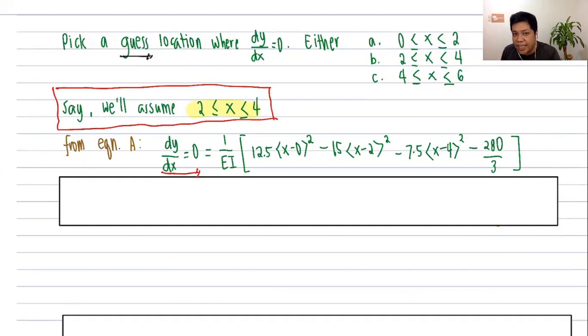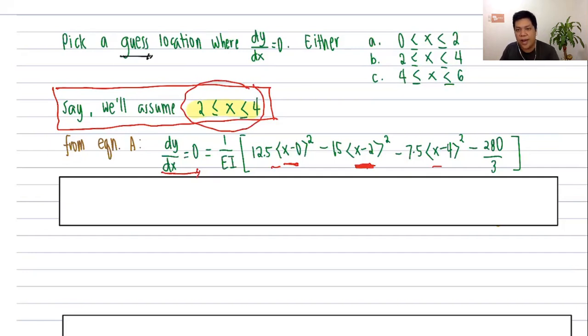Because if the value of x is somewhere between 2 and 4, and we look at these three terms, will the value inside this first bracket be negative for any value of x between 2 and 4? It won't. How about this second term? Will the value inside the bracket be negative? It won't.